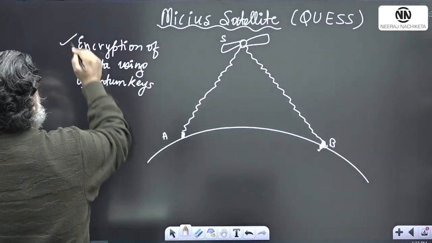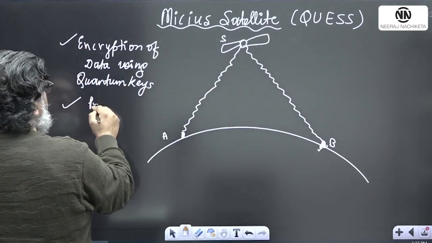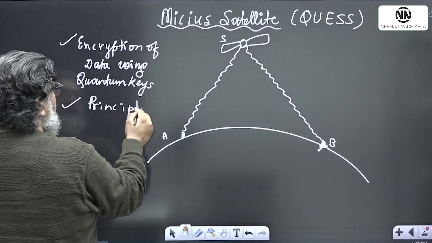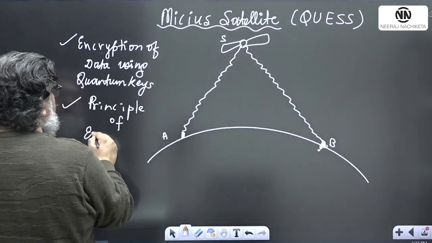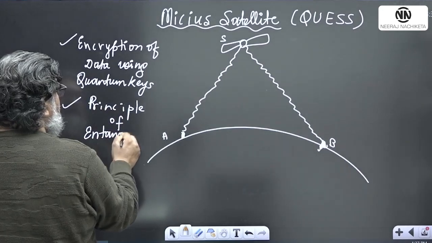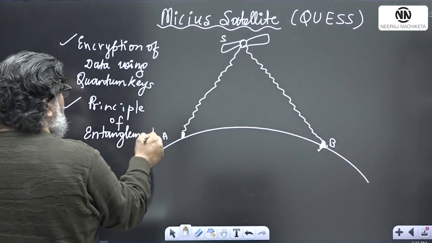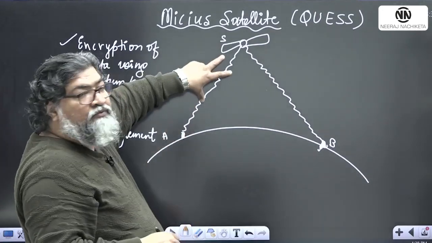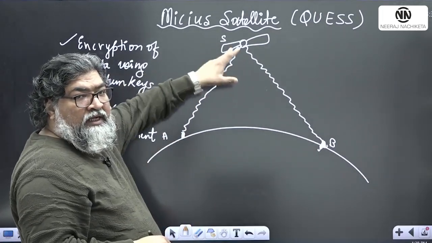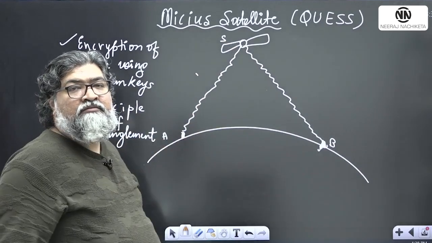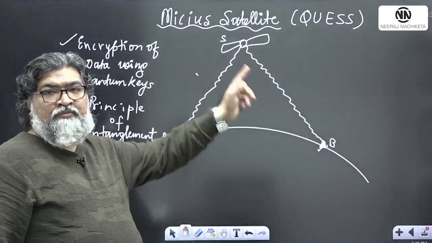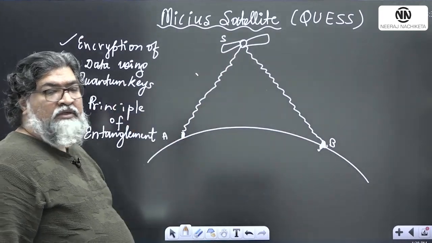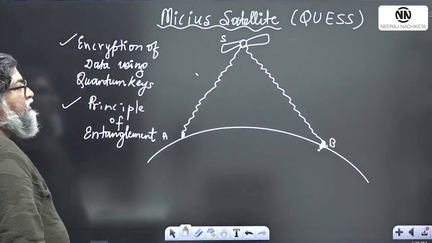And these quantum keys work on what I mentioned there, the principle of entanglement. If any portion of it changes, the entire thing will change. That means A and S were entangled, S and B were entangled. Any change in A to S, S and B will change. Any change in S to B, A to S will change. That was made here, right?